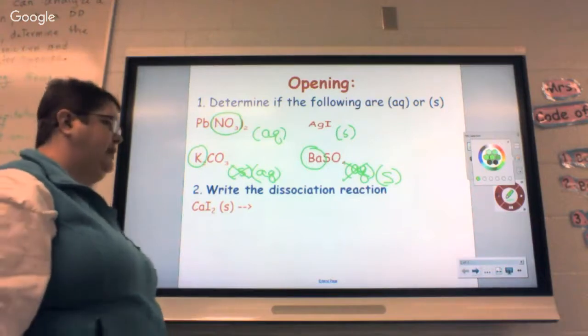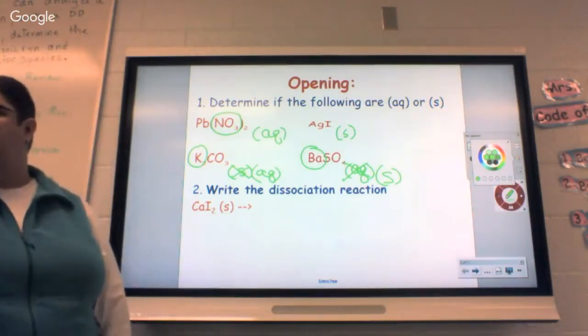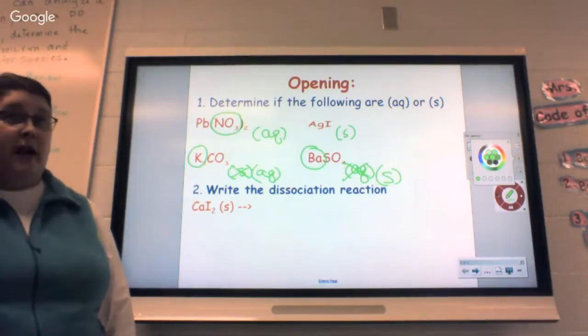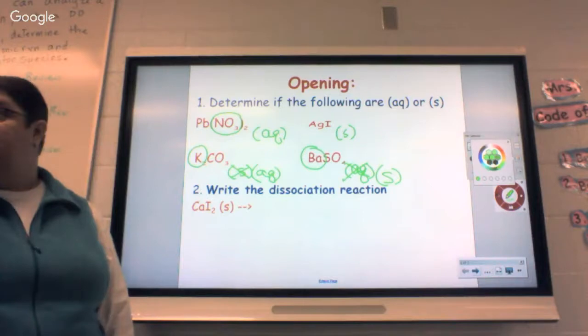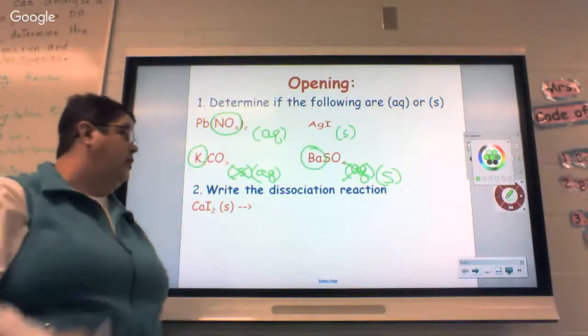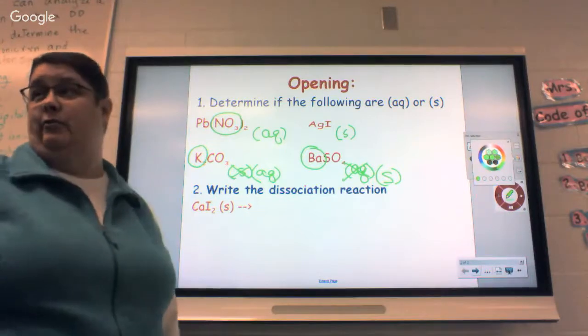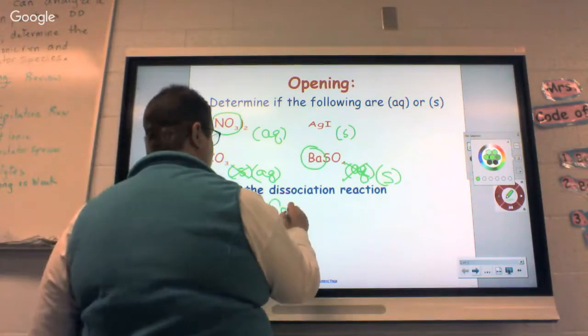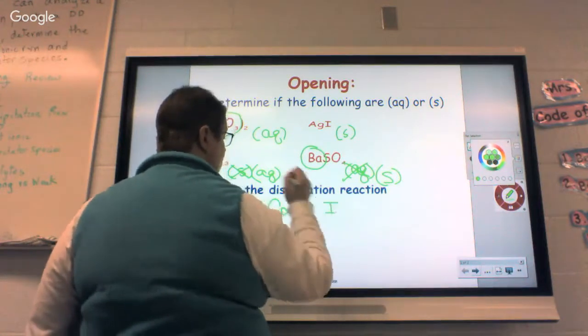Okay. So what does dissociation mean? Anybody remember what dissociation is? To dissolve it and do what with the compound? Break it apart into ions. So what ions make up CaI2? Ca and I. Ca plus I. All right.